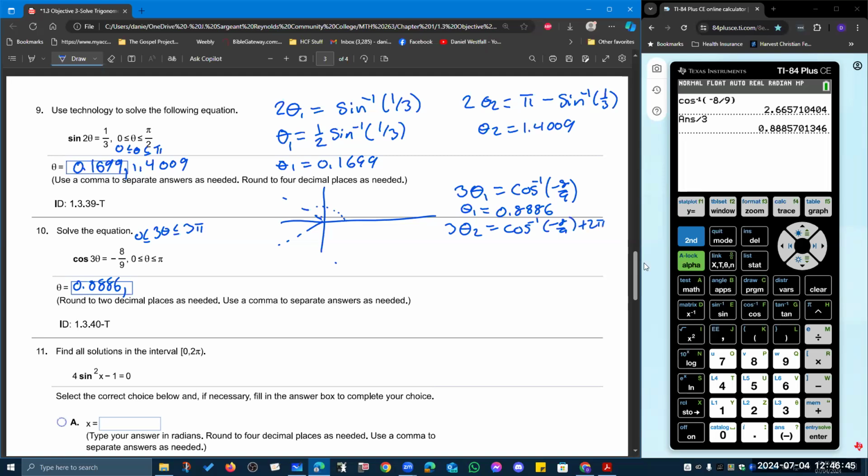So 2 pi plus arc cosine of -8/9, and that divided by 3 is going to give me 2.9830.